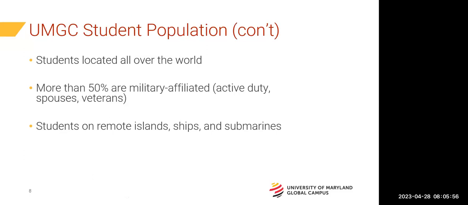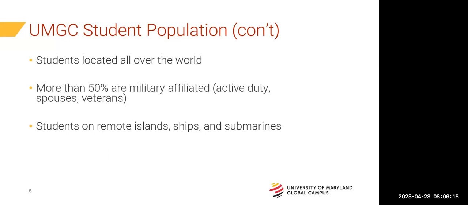Additionally, our population is located all over the world. We are largely online, but we do have a presence on the ground overseas as well. Because we are highly military connected. More than 50% of our students are military affiliated, active duty, spouses, veterans, and also dependents.